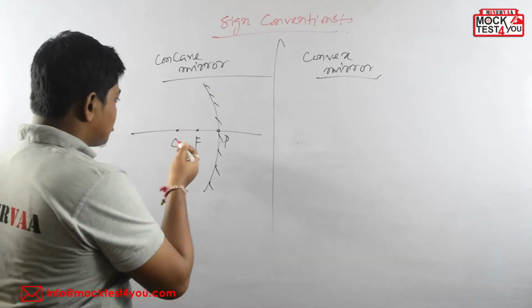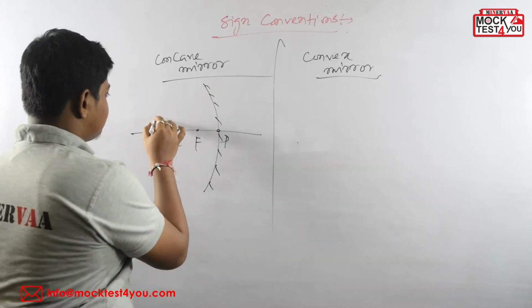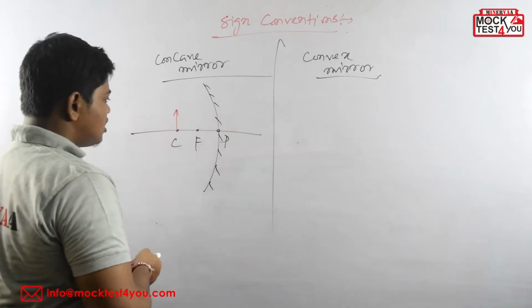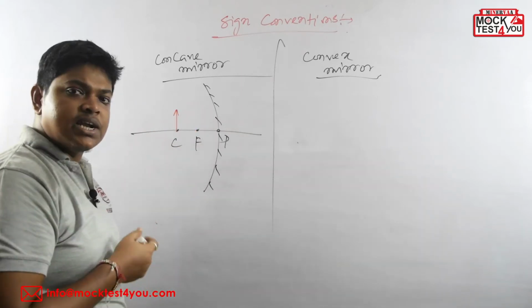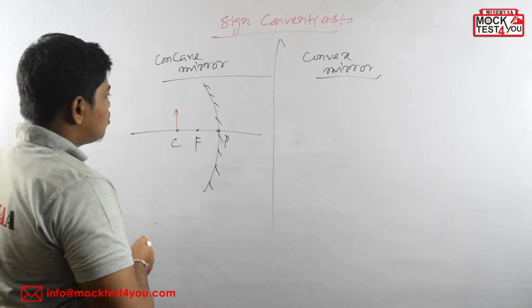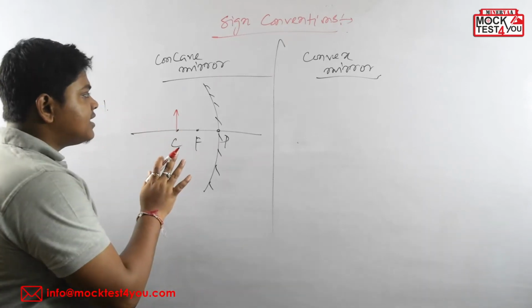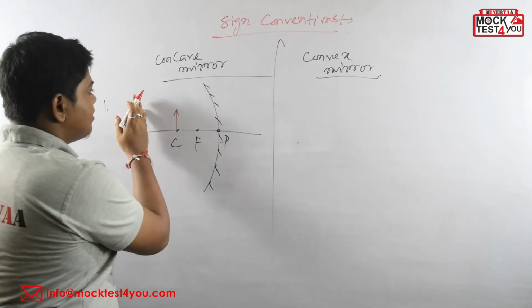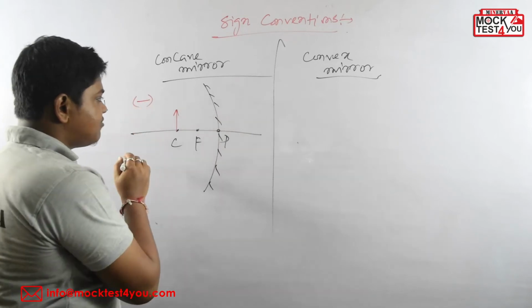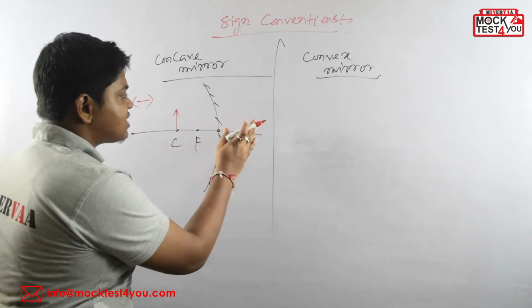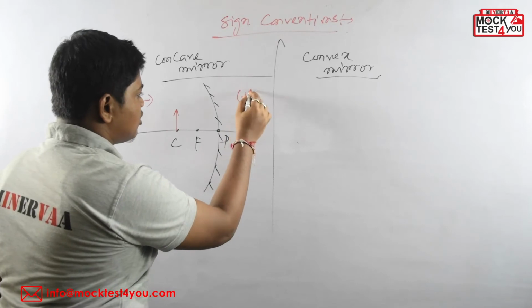It's just a concave mirror. Suppose I am placing that object at the center of curvature. So I will get the image at the center of curvature, obviously. So all of the distances on the left side of the mirror are taken as negative. All of the distances on the right side of the mirror are taken as positive.